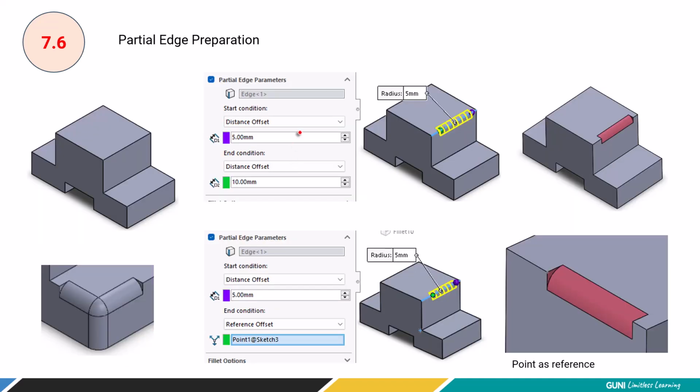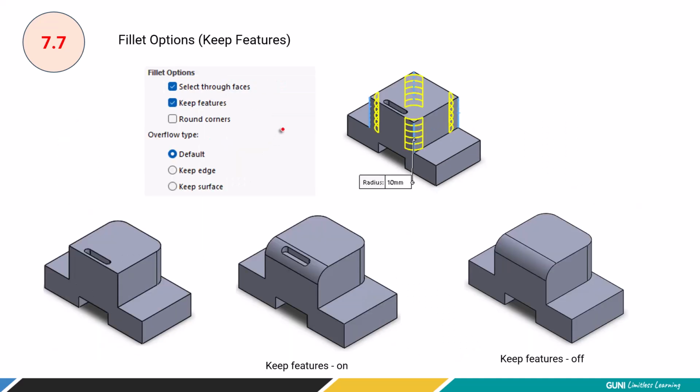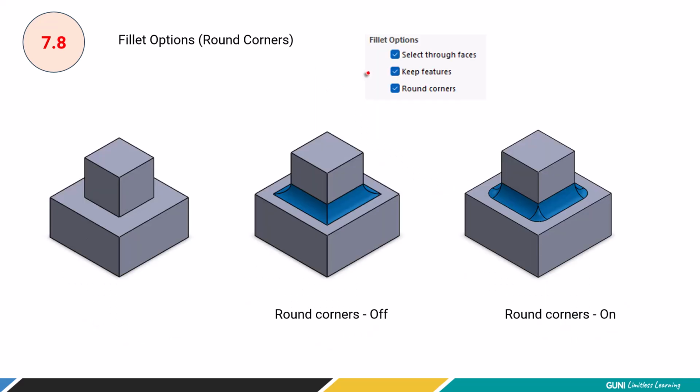In 7.6, we'll try to explore the partial edge parameters. And in 7.7, we'll try to learn how the fillet option called Keep Features is used. We'll also explore the concept of round corners.